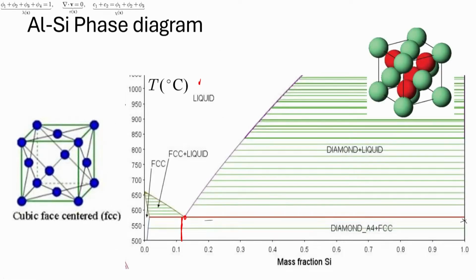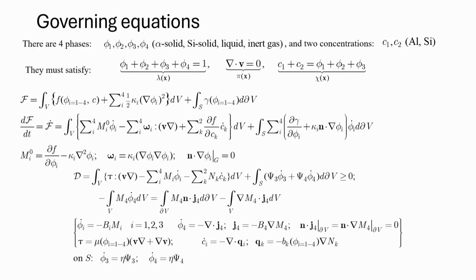So let's just think, what kind of problem is this? Well, first, this is a problem without elastic stresses. There will be viscous stresses in a fluid. And this is, as far as I know, the first phase field model which deals with concurrent melting and flow.